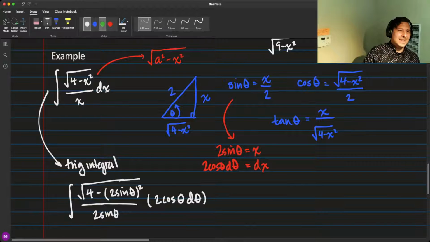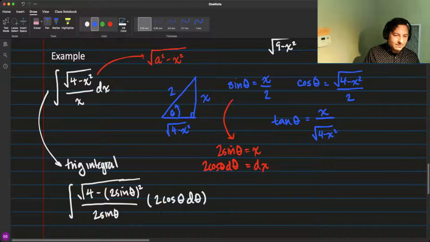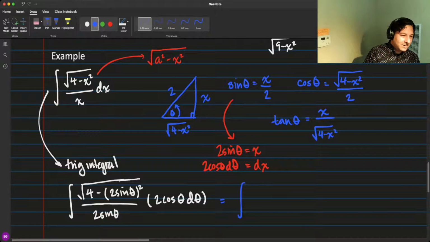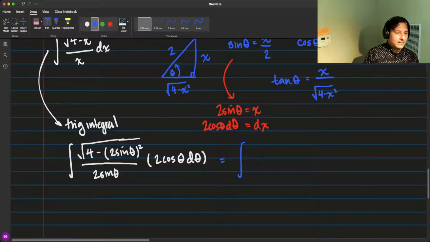Okay, and then you go to town simplifying stuff. Inside of the square root, let's just do the work right here, you're going to get 4 minus 4 sine squared theta.